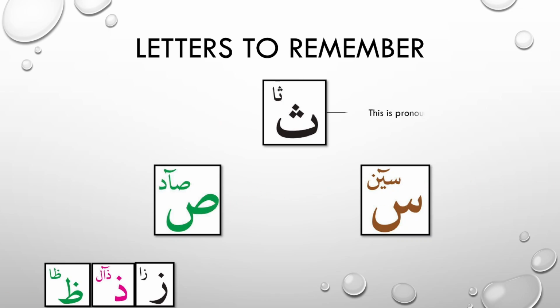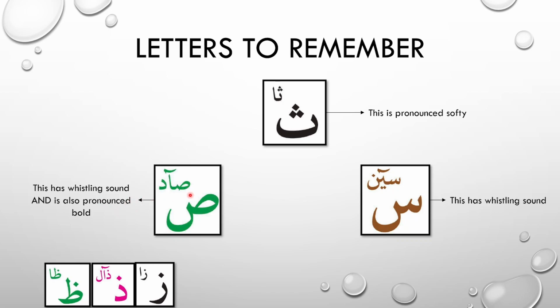So we are going to explore the difference. Tha, this is pronounced softly. There is no sharpness, there is no boldness in the pronunciation. Sin, this has whistling sound. It is not pronounced softly. And then we have sad. This has whistling sound and is also pronounced bold.